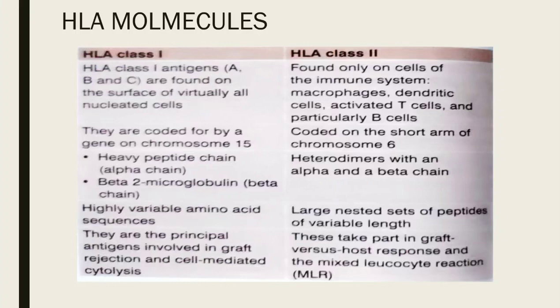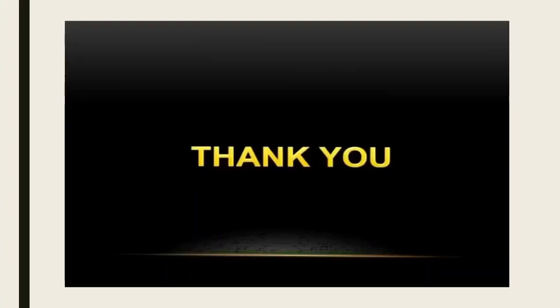Class 1 are the principal antigens involved in graft rejection and cell mediated cytolysis, and class 2 take part in graft versus host responses and the mixed leukocyte reaction, that is MLR.